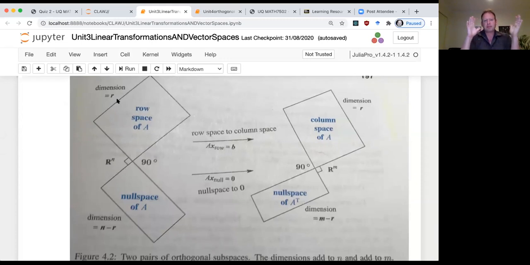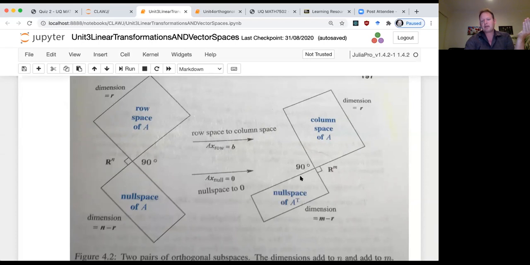And if we're speaking about an M by N matrix, then we have vectors in Rm, and we have vectors in Rn, okay? So the vectors in Rm can be the column space, also called the range, okay? But we can also have a different subspace of Rm, which is the null space.